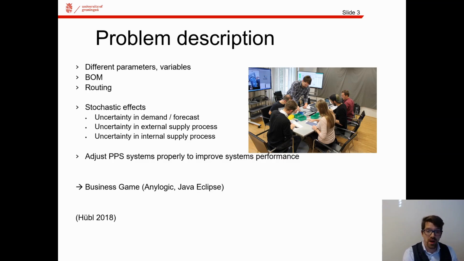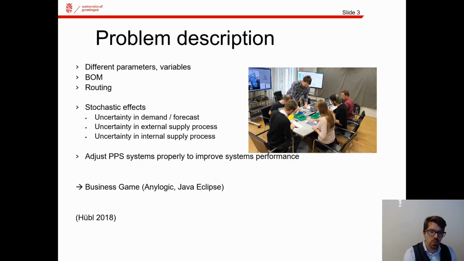The same goes with the routings. We have new production processes, new transport processes, which of course influences the routings, or we have an alternative machine which is able to produce the same step as the other existing process.